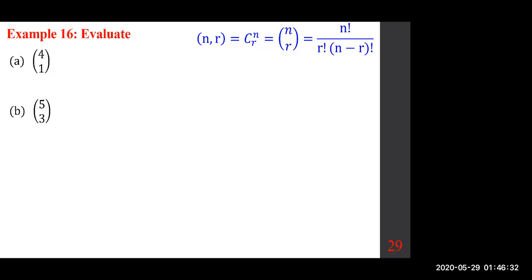So you are going to go with 4 factorial over 1 factorial times 4 minus 1 factorial. 1 factorial is 1, you don't have to worry about it. 4 minus 1 factorial is 3 factorial. Okay. And so because the bottom has 3 factorial, the top we write as 4 times 3 factorial. So they cancel each other. We end up with only the number 4. Okay.